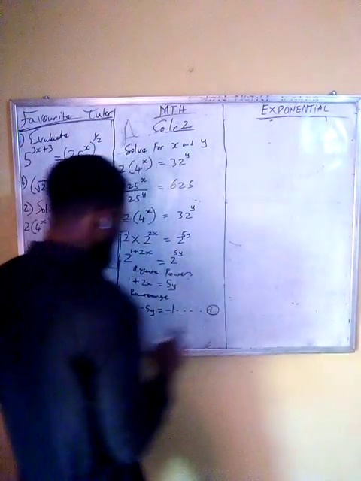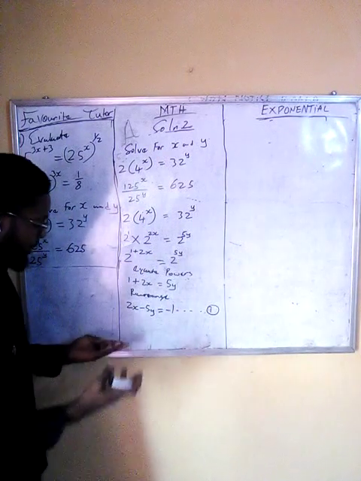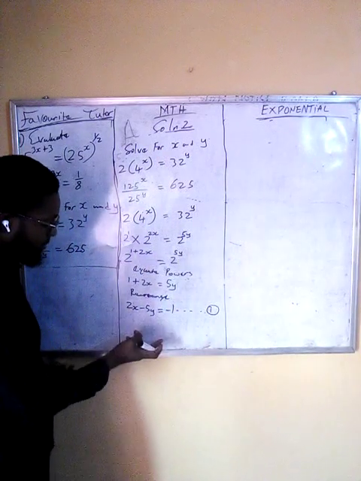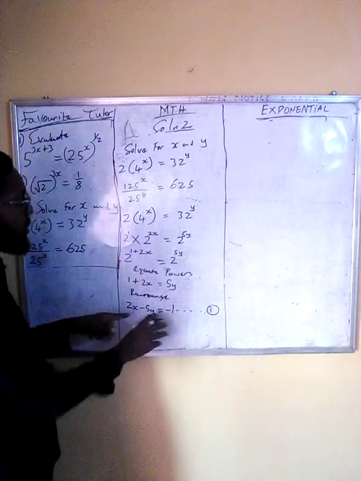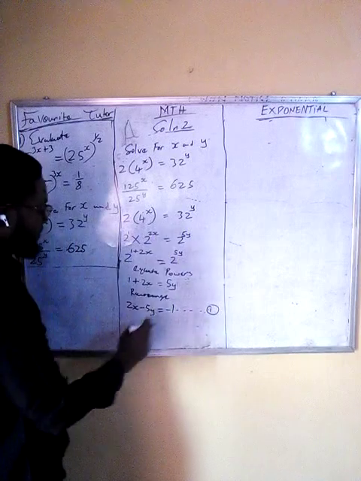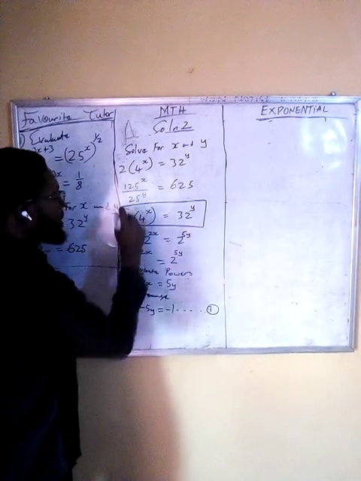Let us see the other equation. When you get to this stage, you realize this cannot add up, so the first thing we do is to simplify the equation.